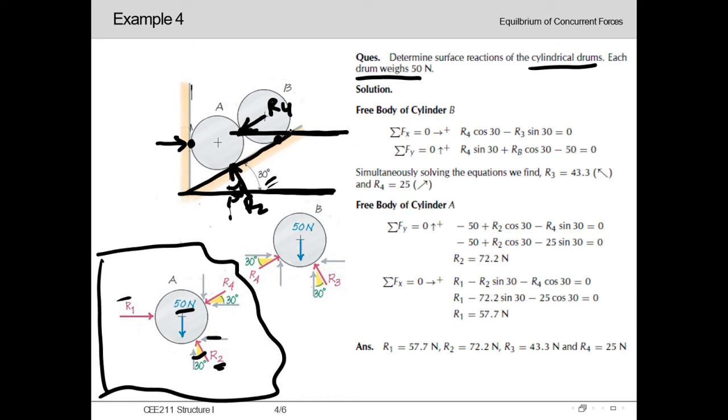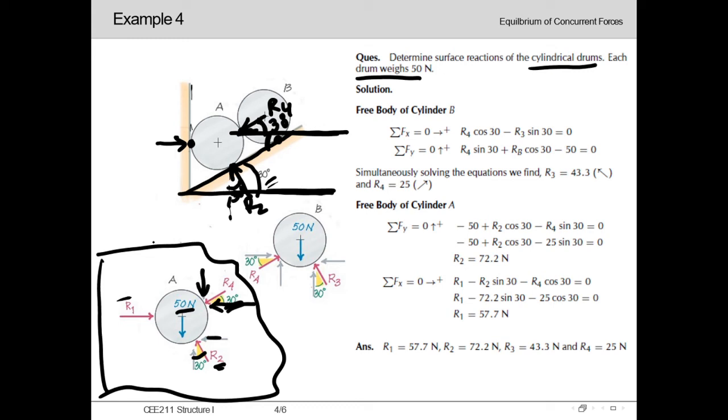So as this is 30 degrees, this will be 30 degrees, and similarly this angle will also be 30 degrees. Using this angle as 30 degrees, this R4 reaction will also have two force components, in x direction and in y direction.